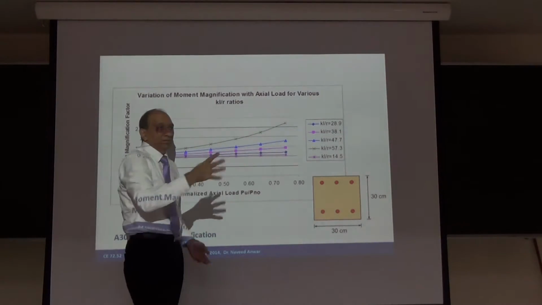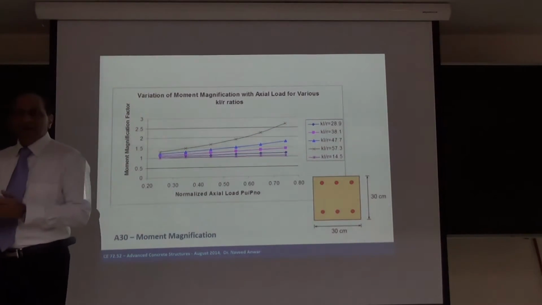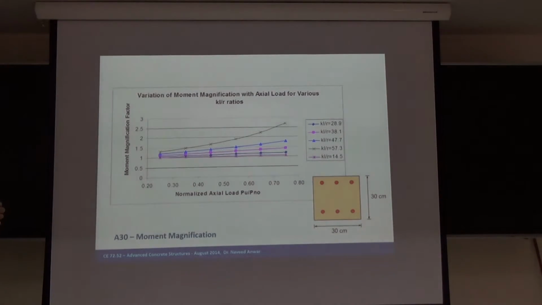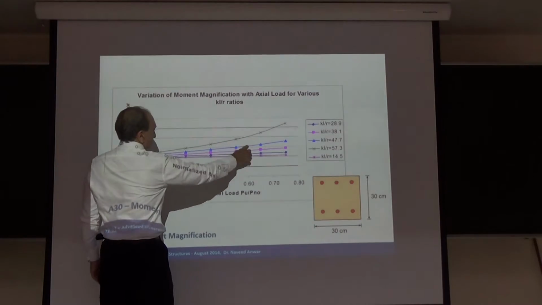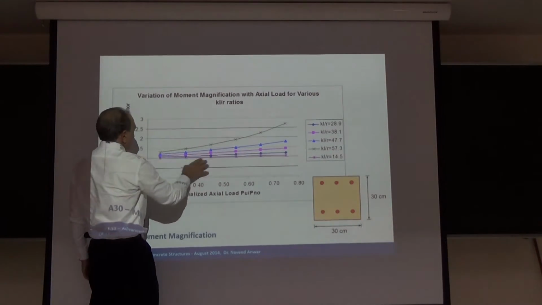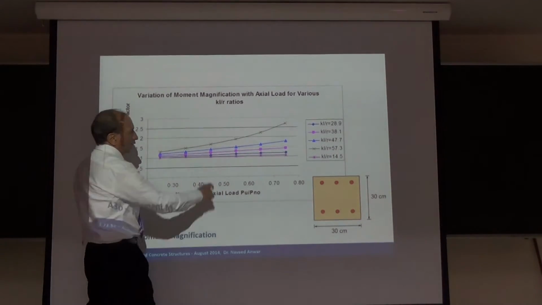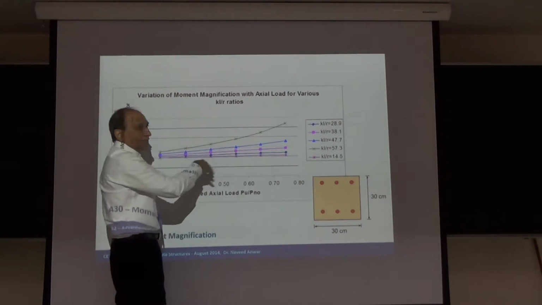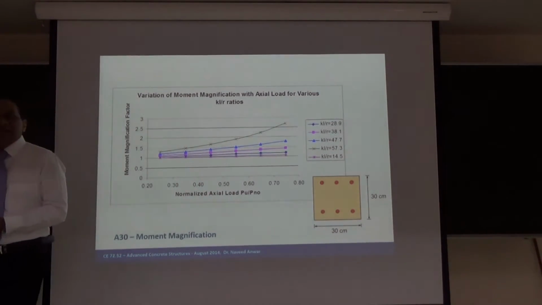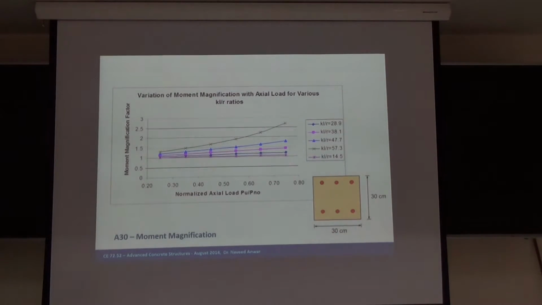So that is why I gave you the range that the moment magnification typically stays under 2 in most normal cases if you are in that range, right? KL over R, this one and this one, so it will remain under 2. So this is a good study to understand the range of the moment magnification, even if you change the parameters quite a bit.